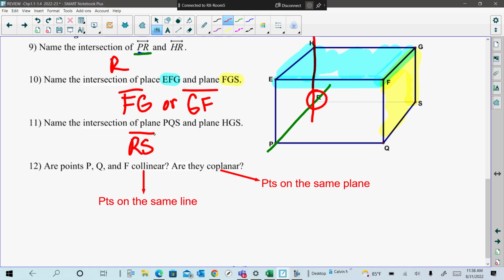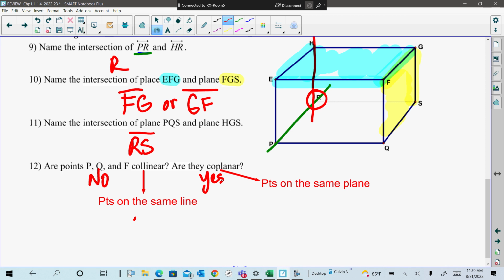So 12 says, are P, Q, and F collinear on the same line? This first question is no. Are they coplanar? Yes. There exists a side where they would be, okay? So part of your questions on your test, there will be some multiple choice and open-ended, but it's basically reading the diagram, applying the vocabulary to reading the diagram.